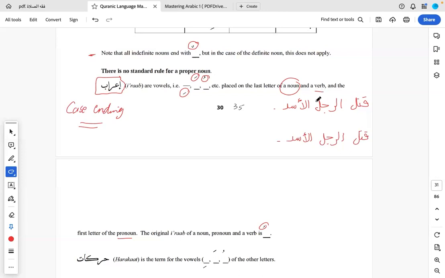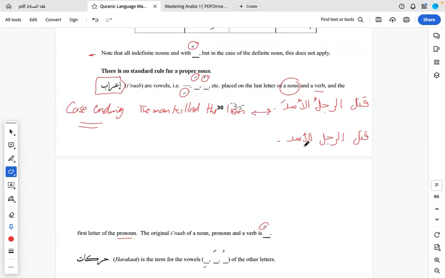So if we have a verb starting the sentence and a word that ends with a dhamma, then it's the doer of the action. And another word having فتحة, then it's the object. So قتل الرجل الأسد. This means the man killed the lion. Okay?